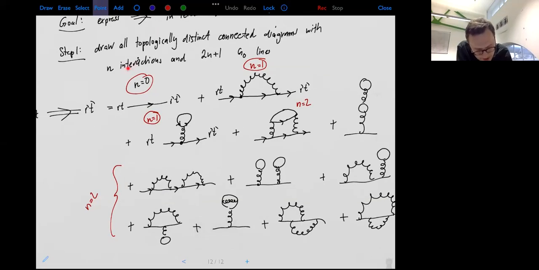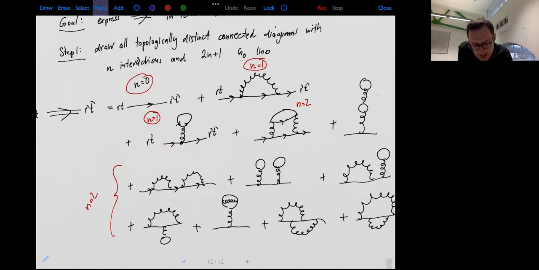So here you see the term where there are no interaction lines and one G0 line. That's, of course, the easy bit. Next, at first order, we have one interaction line and three G0 lines, and there are two diagrams, this one and this one.